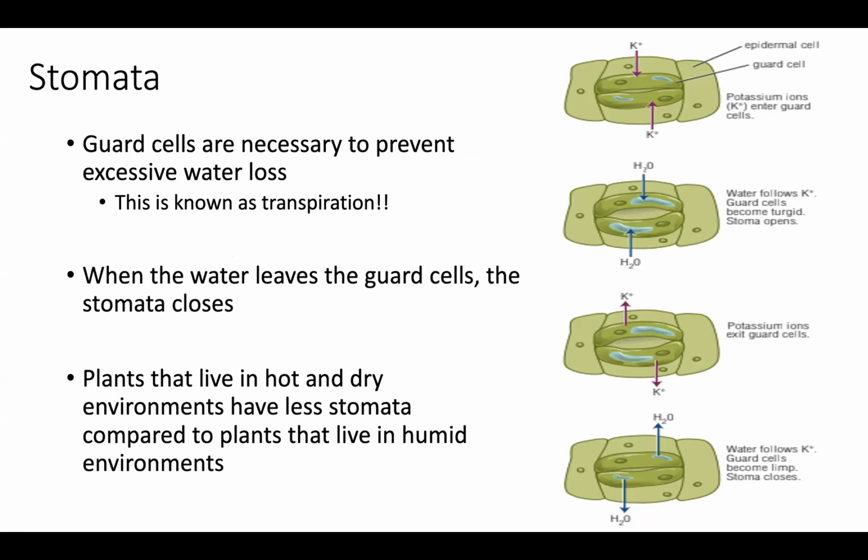This is known as transpiration in plants. When the water leaves the guard cells, the stomata closes, as we talked about. And plants that live in hot and dry environments will have less stomata compared to those that live in humid environments. Okay, so I want you guys to think about this for 10 seconds.